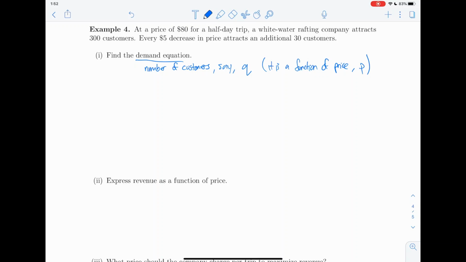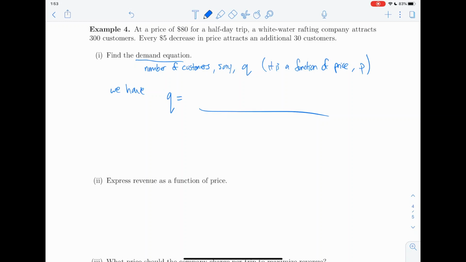We have to figure out, based on the information provided, what the demand equation is. That is, we need to note that Q is going to be equal to something, and that something has to be dependent on P. This is where you have to think a little bit critically.